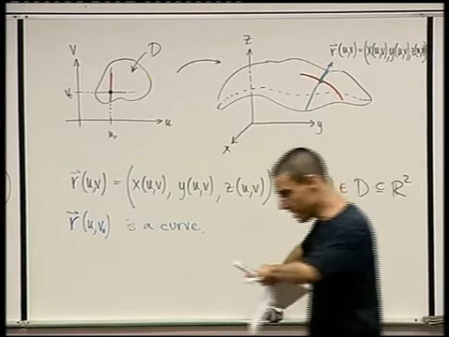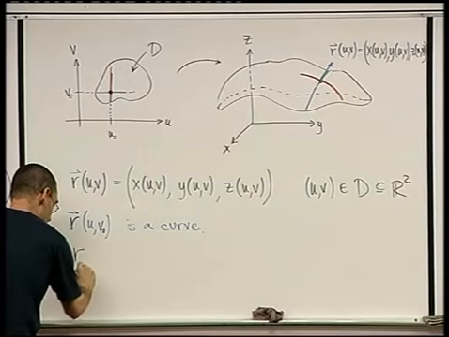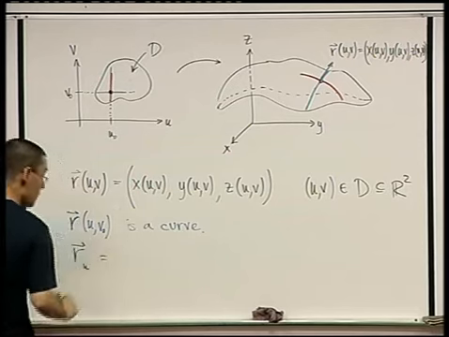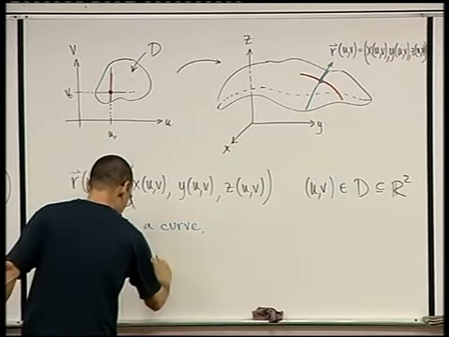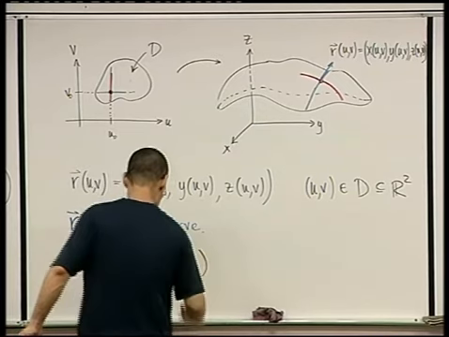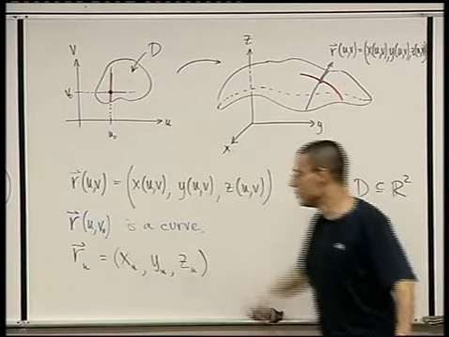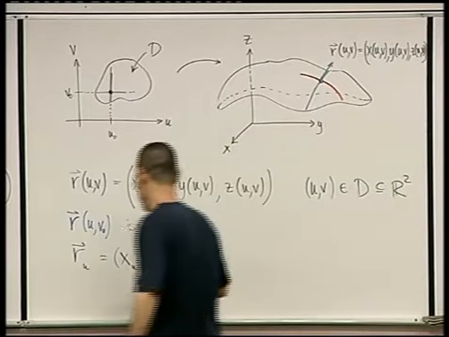It's going to be its derivative, right? So it's going to be R sub U, which is x sub U, y sub U, and z sub U. That's this vector evaluated at U0, V0.